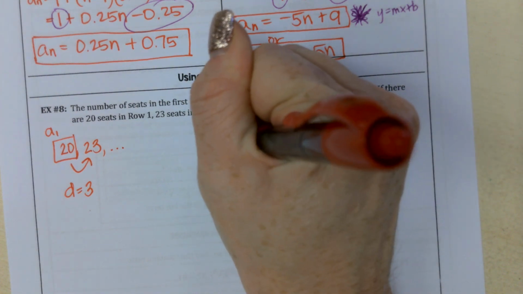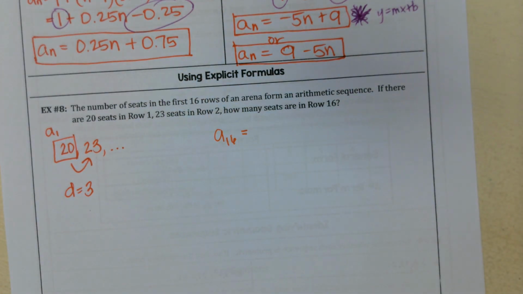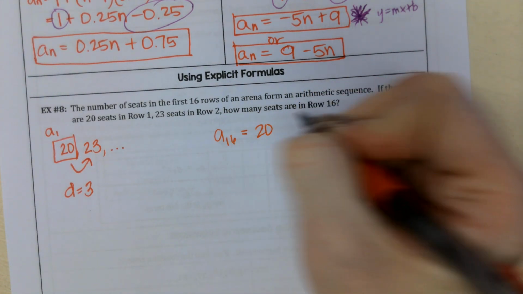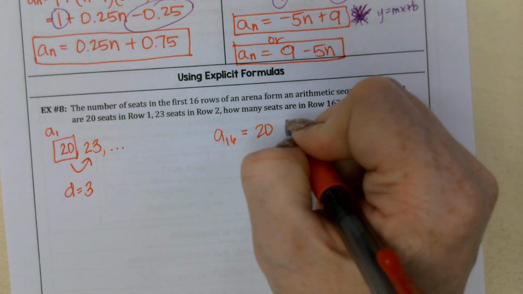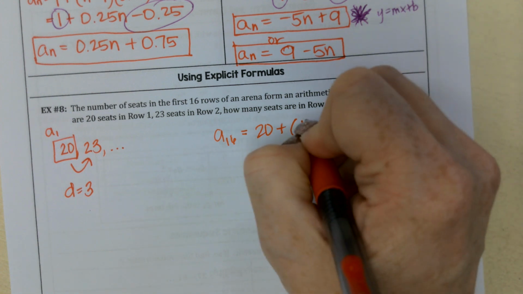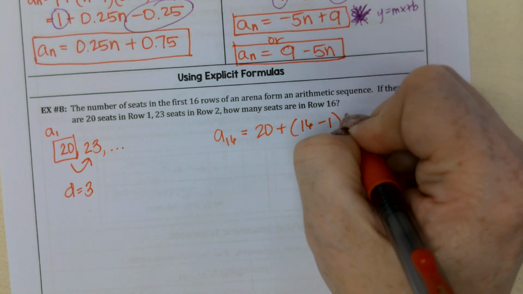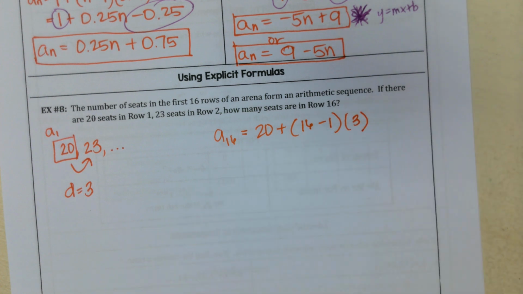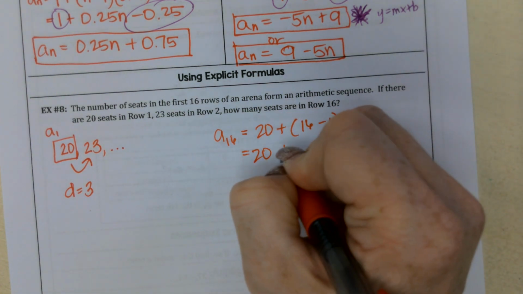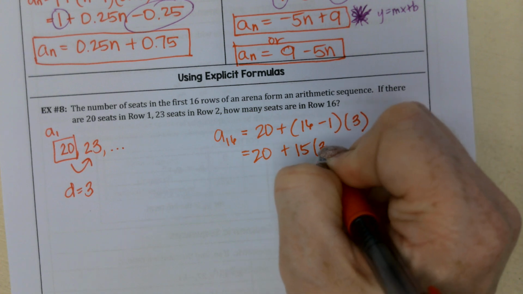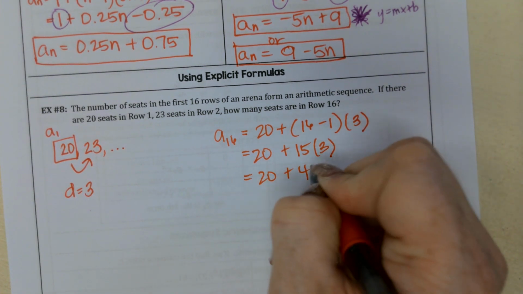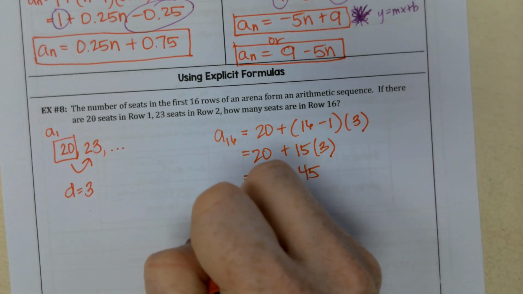So if I'm trying to find the 16th row, I have a direct way of solving that. You take your a1 term, you do the (n - 1) times d. Well, n is 16, and my common difference is 3. 15 times 3, that's 45.